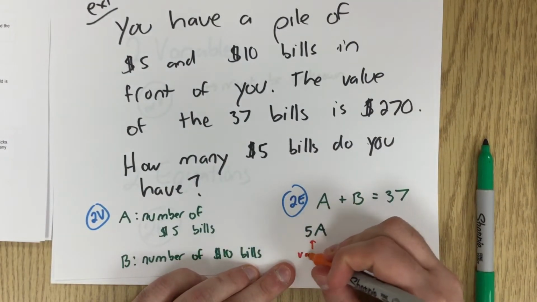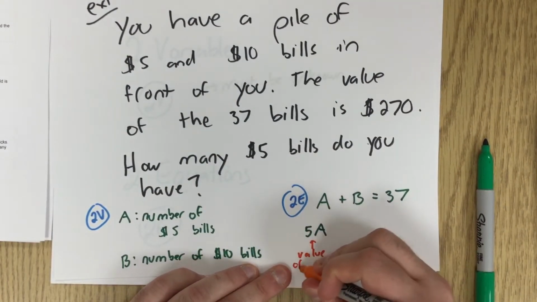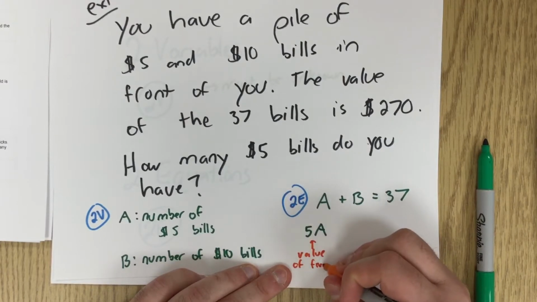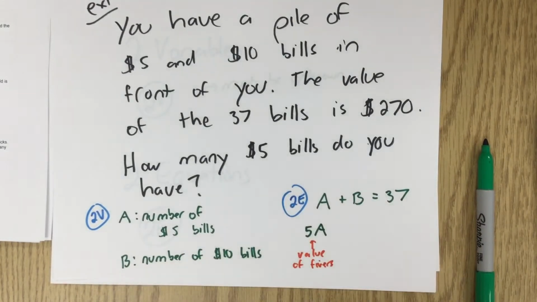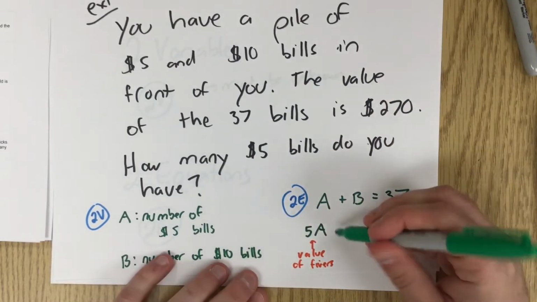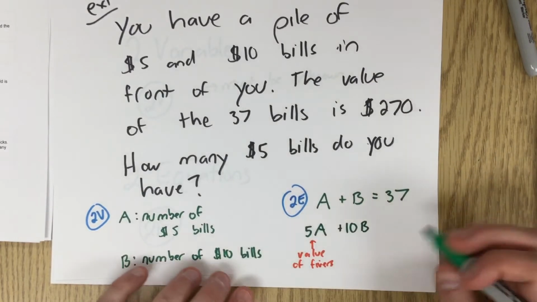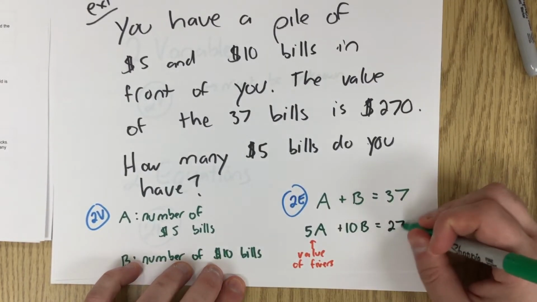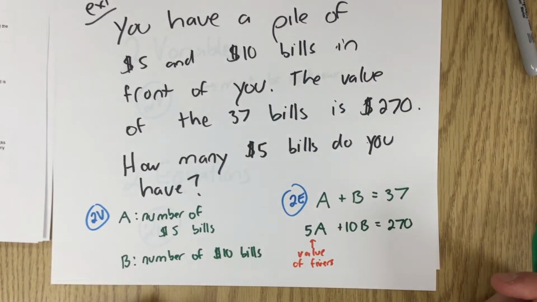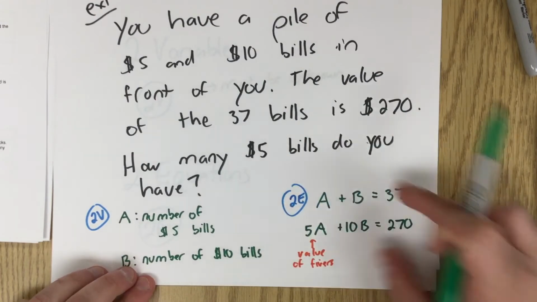It's $5 times the number of $5 bills that you have. And similarly, the value of the $10 bills is going to be 10b. And the total value is going to be 270. And that's the equation. So we have our two variables and our two equations, and now we can solve this one.